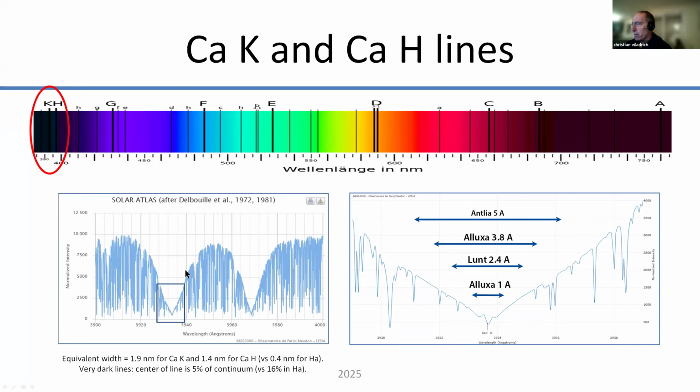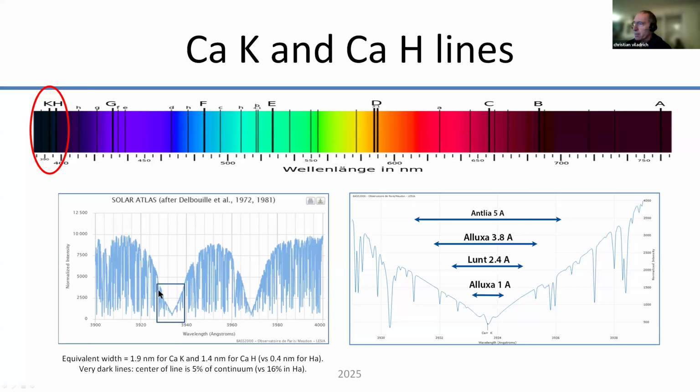So they are very wide and they are very dark. The intensity at the center of the lines is about 5% of the continuum, so 5% of the intensity here. And compared to that, in H alpha, the intensity in the center of the line is 16%.